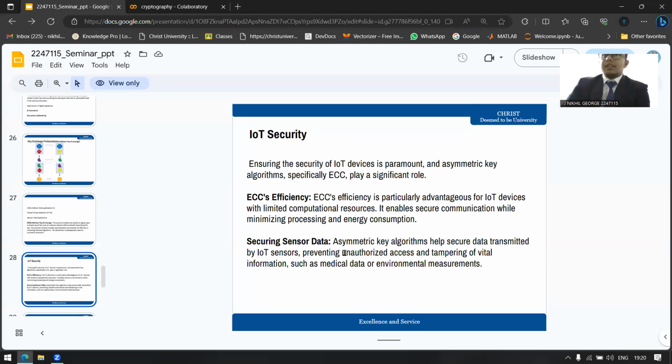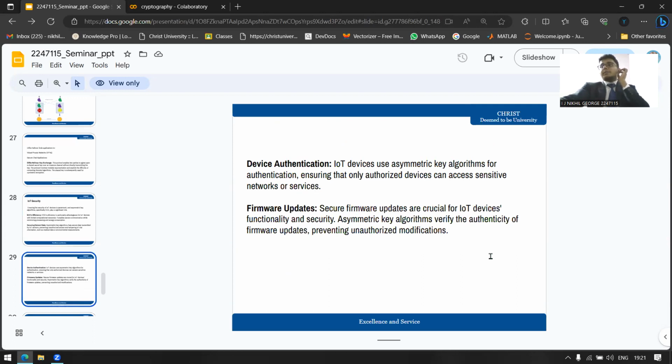Even your transmissions happen over ECC, which can reduce or nullify tampering during data transmission over sensors. You can even authenticate services and networks using these ECC keys.